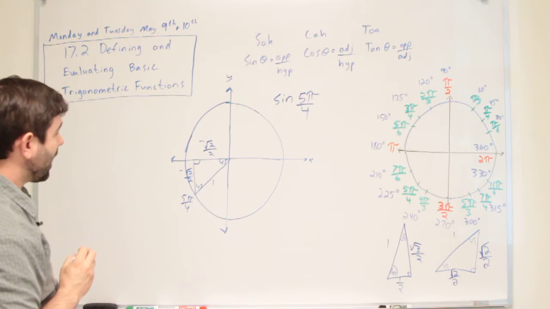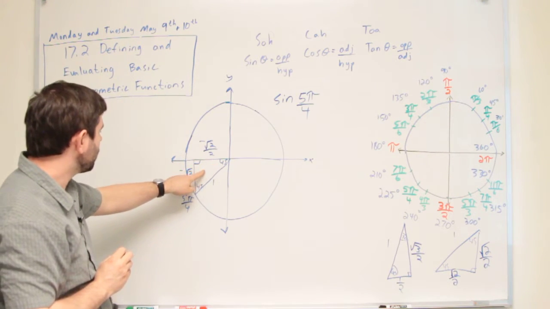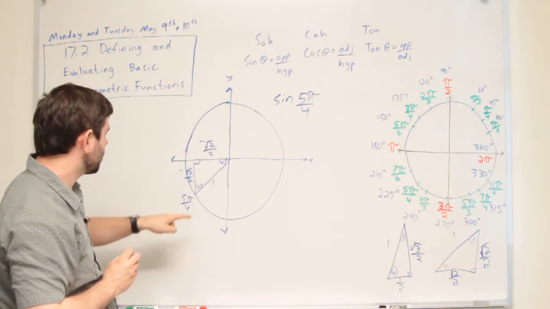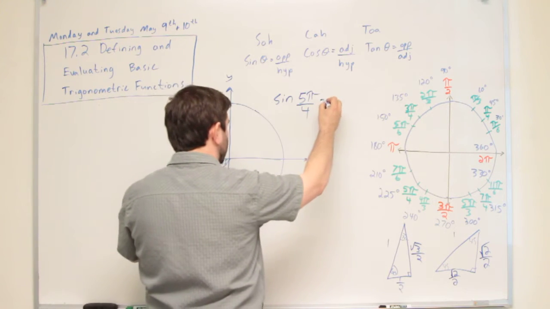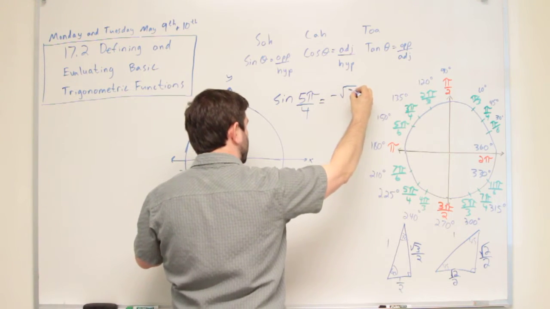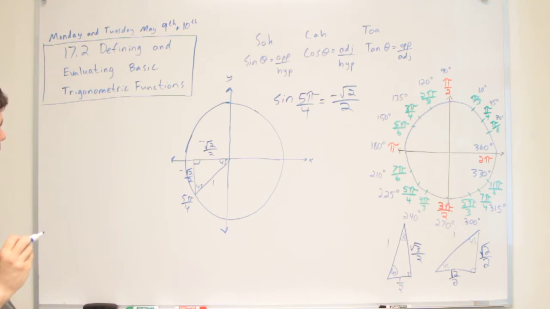All right, sine of 5 pi over 4. Opposite over hypotenuse. Opposite is negative root 2 over 2 over 1. So this is going to be negative square root of 2 over 2. And we are done.